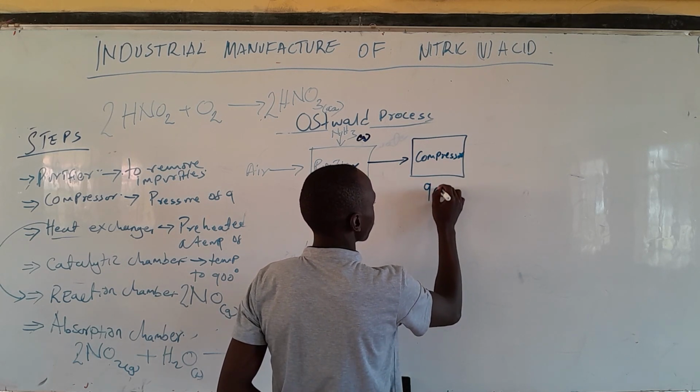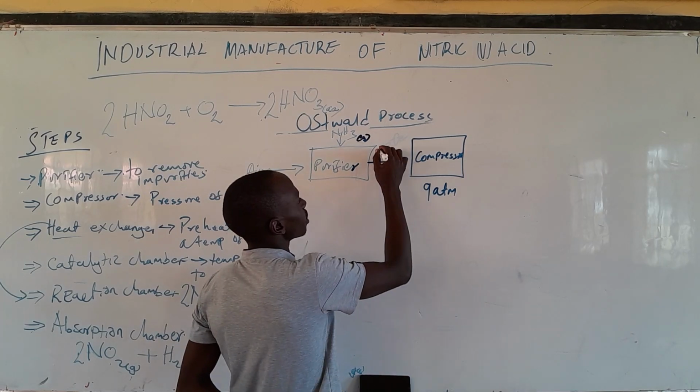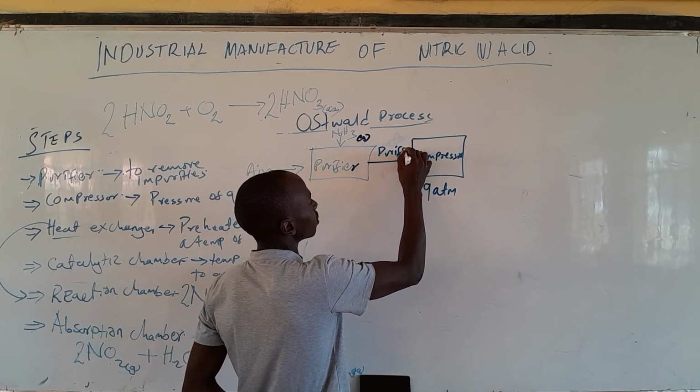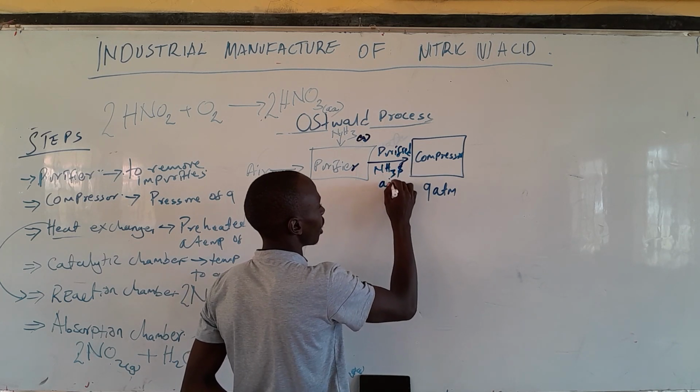Here, it is compressed to a pressure of 9 atmospheres. That is, this is purified ammonia and air.